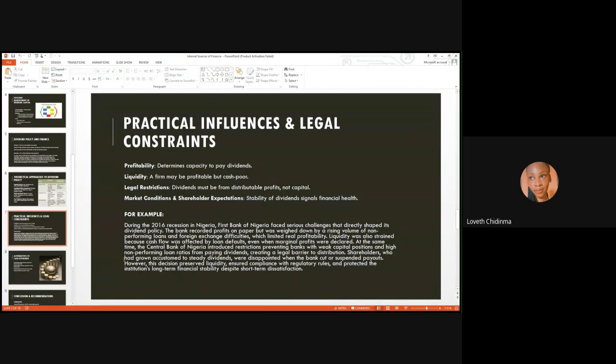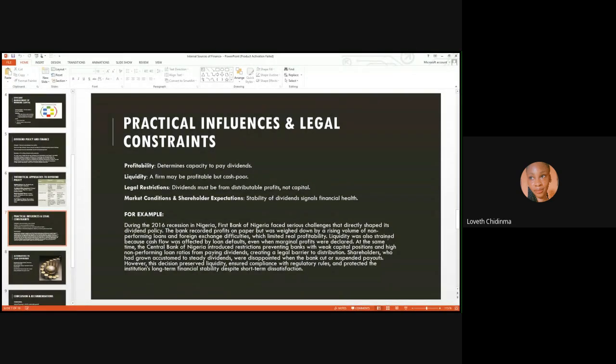For example, during the 2016 recession in Nigeria, we are trying to explain the impact of legal constraints. First Bank of Nigeria faced serious challenges that directly shaped its dividend policy. The bank recorded profits on paper but was weighed down by a rising volume of non-performing loans and foreign exchange difficulties, which limited real profitability.